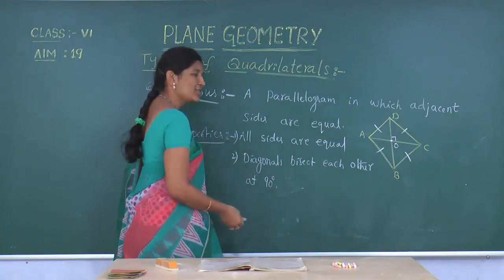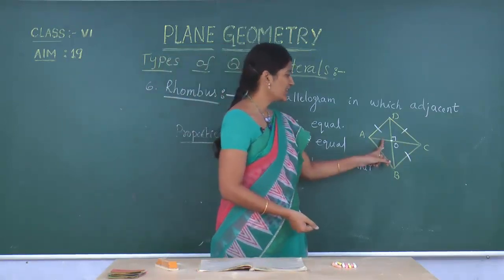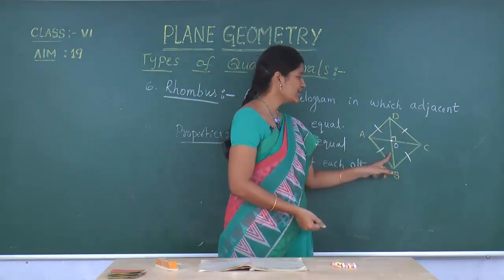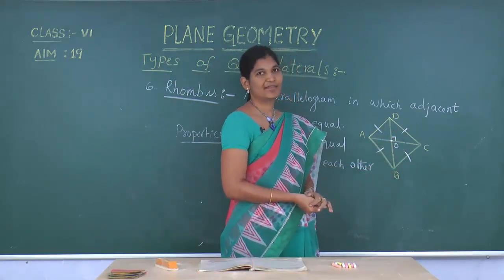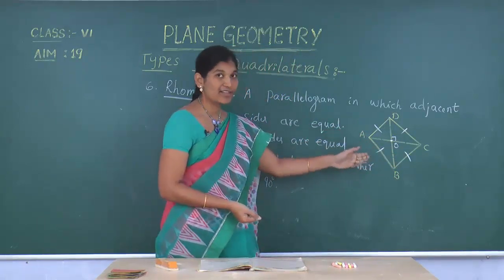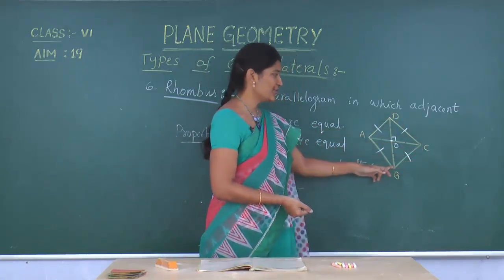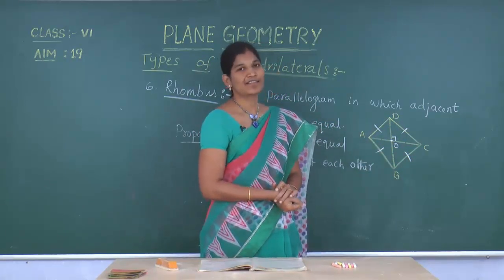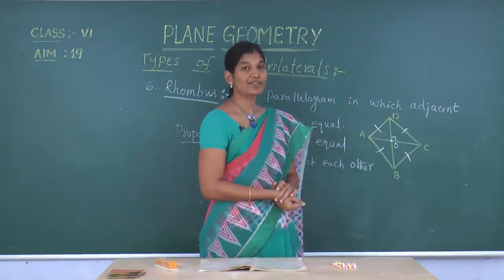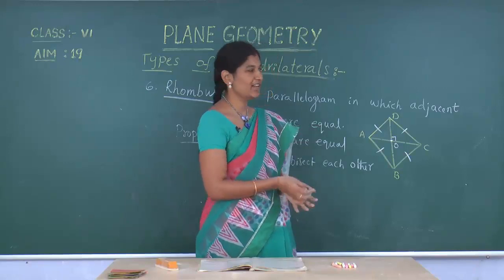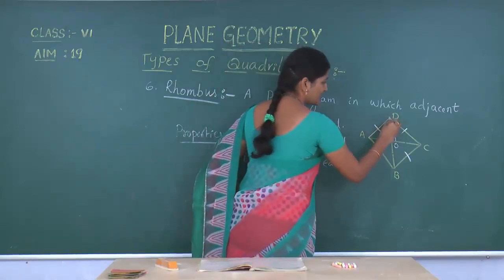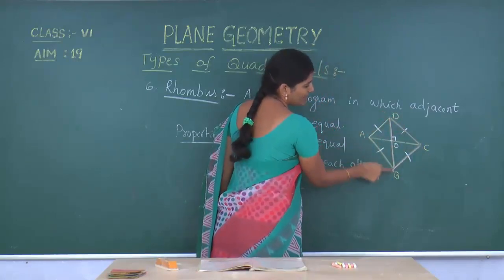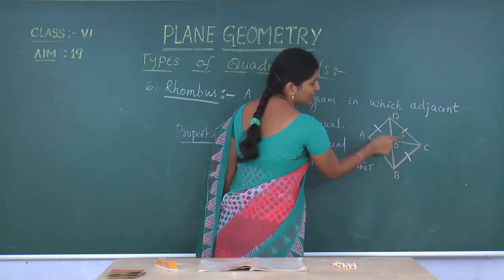We can use any one of the words, and here OA is equal to OC and OD is equal to OB, and each diagonal divides the rhombus into two congruent isosceles triangles. If you take this triangle DBC, these two sides are equal.